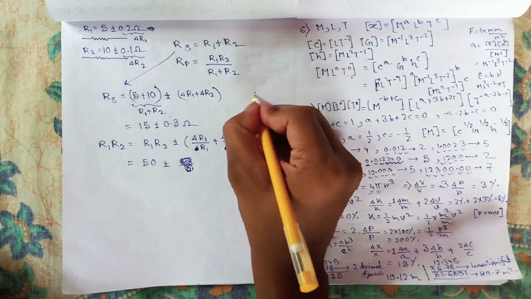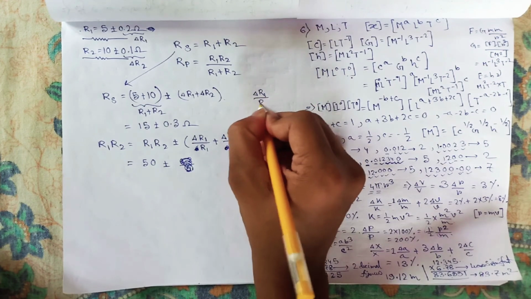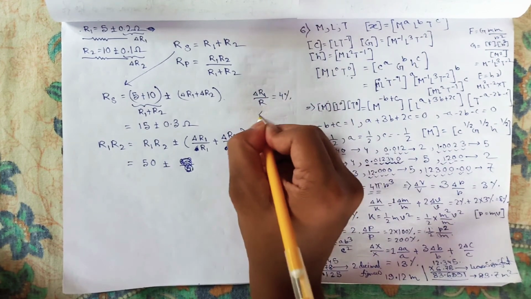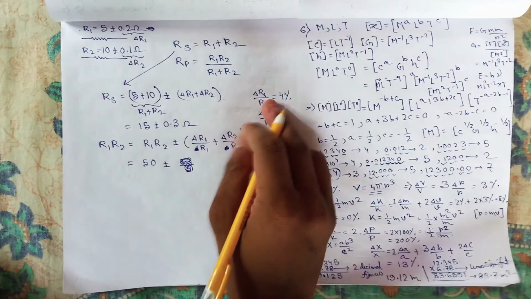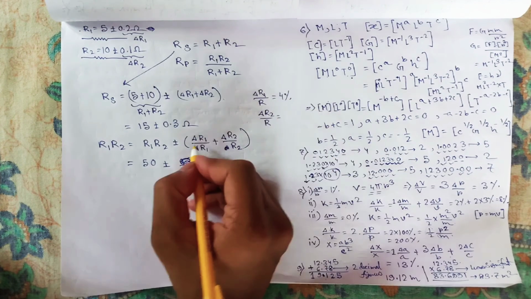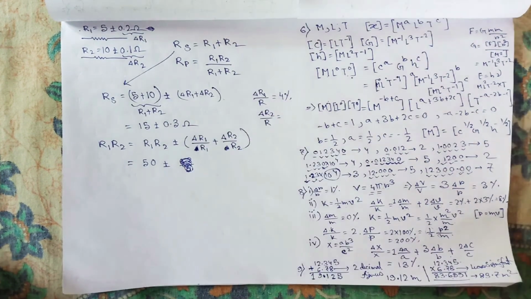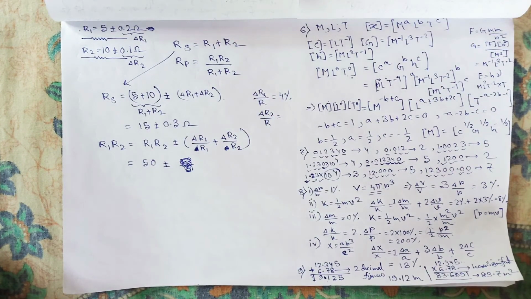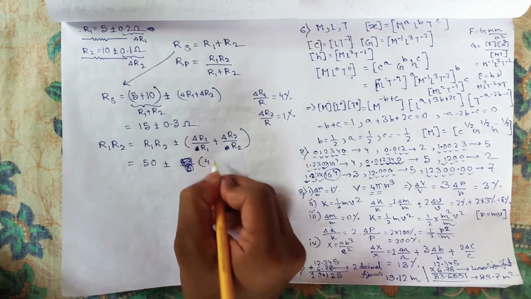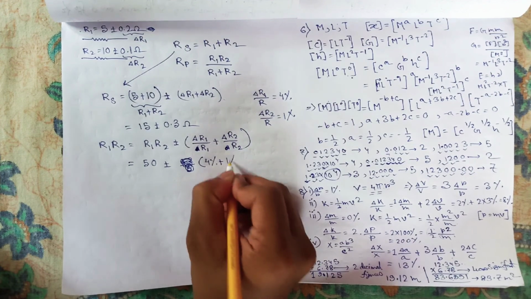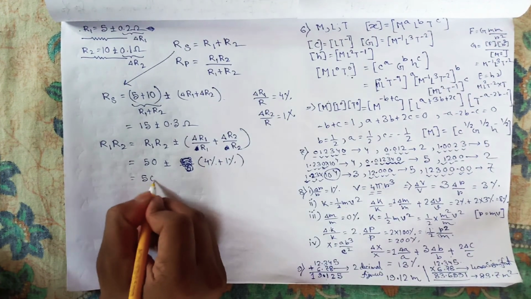Relative error is always represented in percentage form, so it will be easy to calculate. Del R2 by R2 is 0.1 by 10 into 100, which is a 1% error. So 4% plus 1% leads to a 5% error.